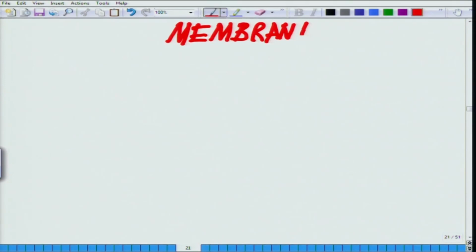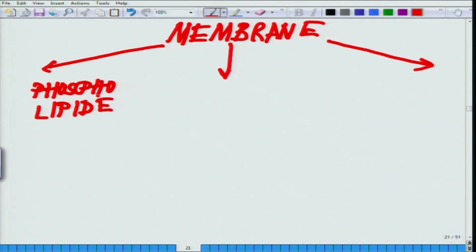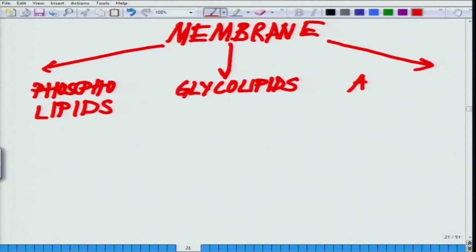So, membrane lipids could be broadly classified into 3 groups. One is called phospholipids. The very moment you hear phospho, it means there is a phosphate group out there. Then you have glycolipids, and then you have some very special kinds of lipids which are only found in archaebacteria.